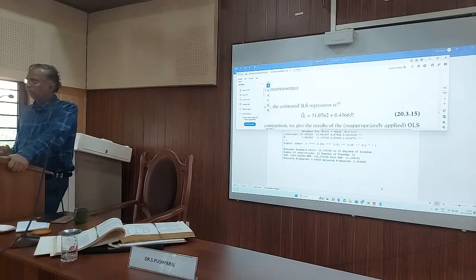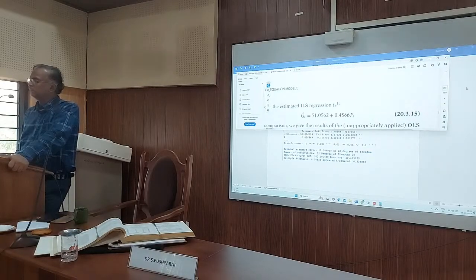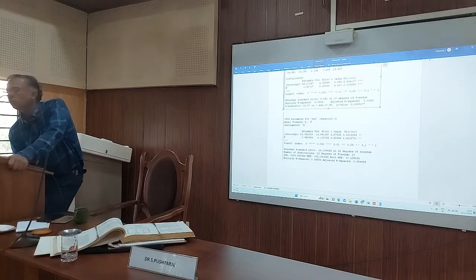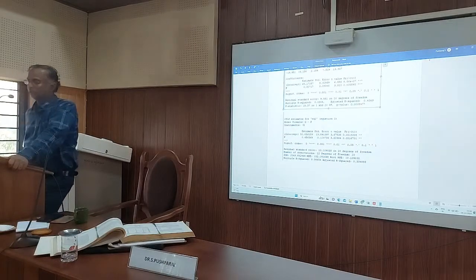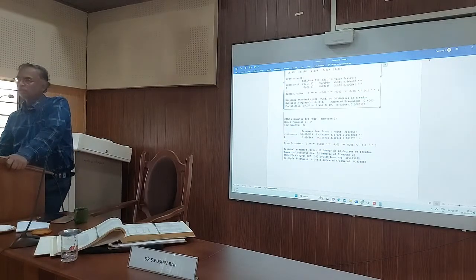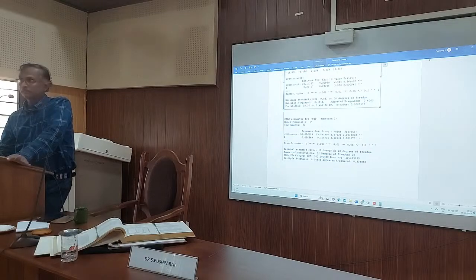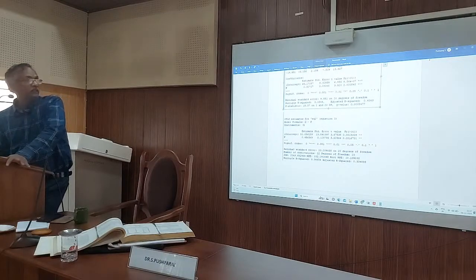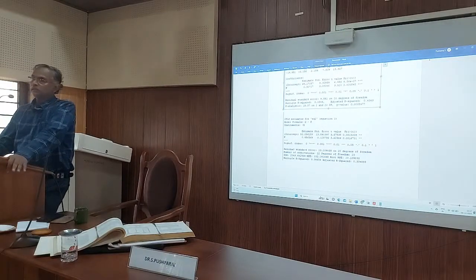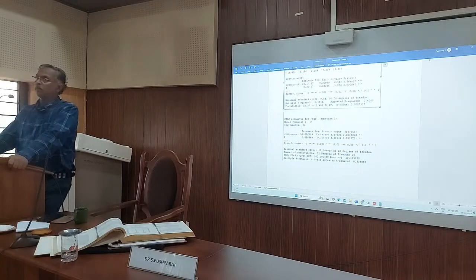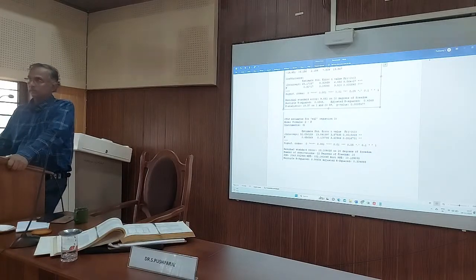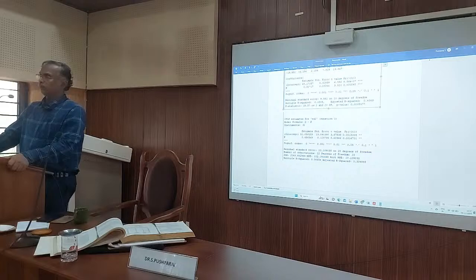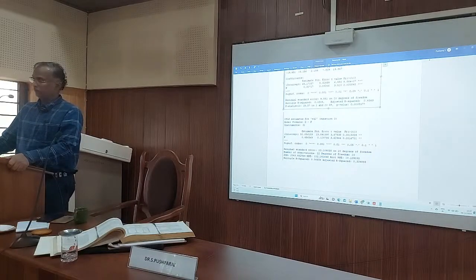So what we are generally getting to know is that the results of OLS and 2SLS are different, right? The values are very different. The difference is due to the problem of simultaneity bias, right?